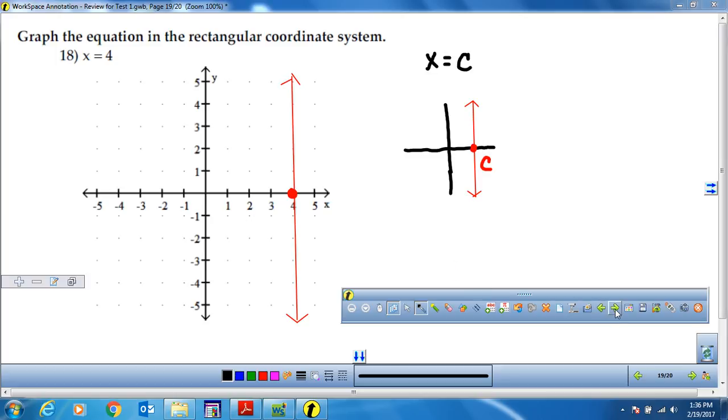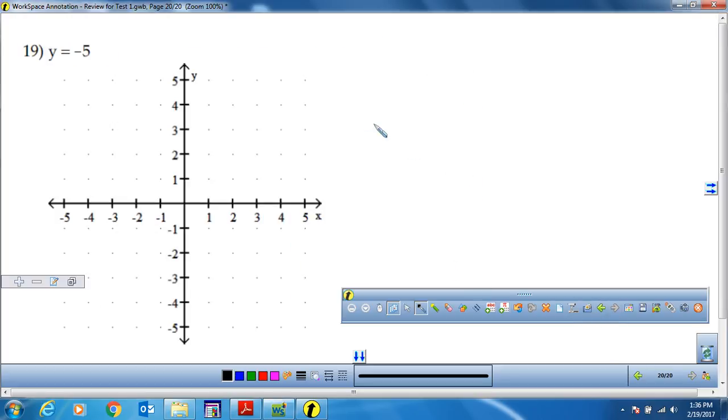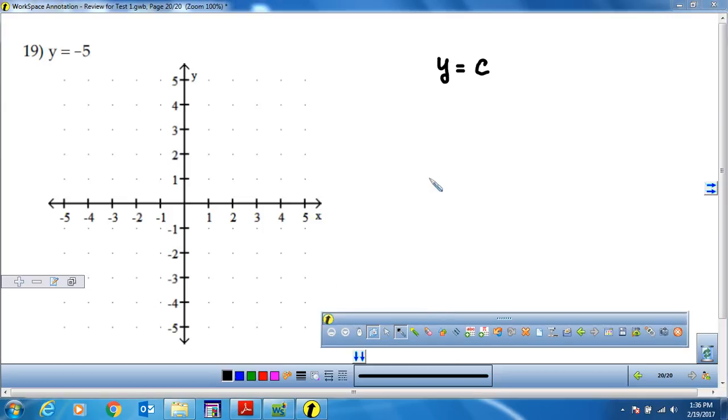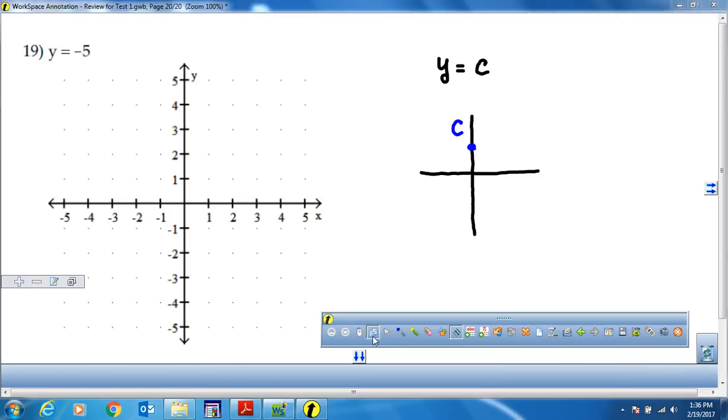And the last question on this review is going to be the same thing. We're going to graph the equation y equals -5 in the rectangular coordinate system below. And this is another definition that you need to keep in mind. Anytime we have an equation in the form of y equals c, a constant c, just a number, that basically is going to create a horizontal line intersecting the y-axis at that number c.